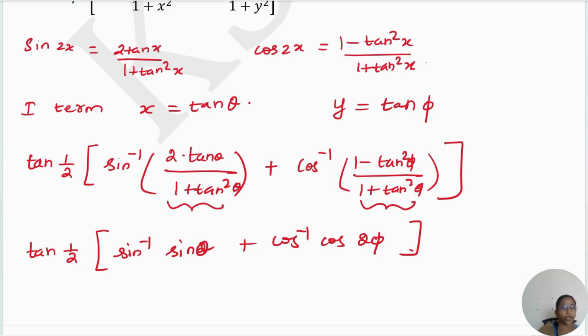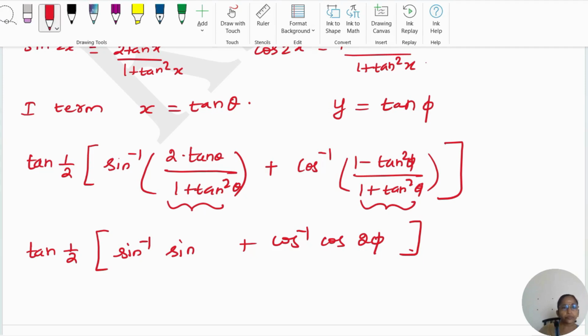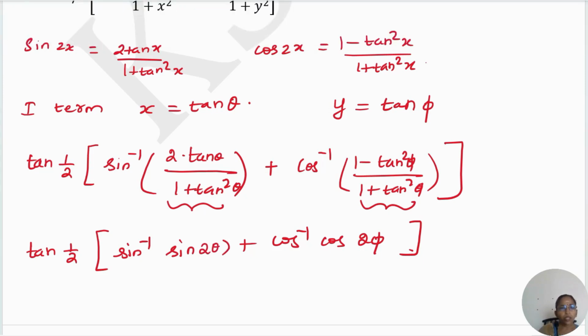Now you can simplify. Sine inverse of sine 2 theta, on simplification we simply get 2 theta. And similarly cos inverse of cos of 2 phi, on simplification we have 2 phi.